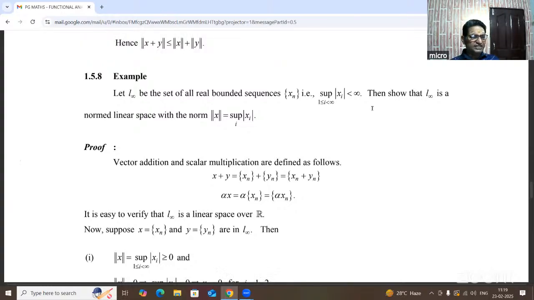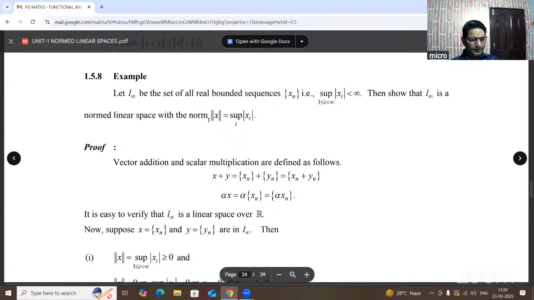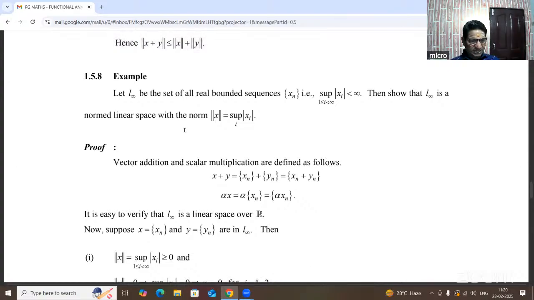L infinity is also a normal linear space. For L infinity, the given condition is norm x equal to supremum of mod xi. That is also applied for sequences, with vector addition and scalar multiplication. X plus y means the sequence xn plus sequence yn, because the sequence xn plus yn converges to x plus y, and before that example we already practiced this for normal linear space.